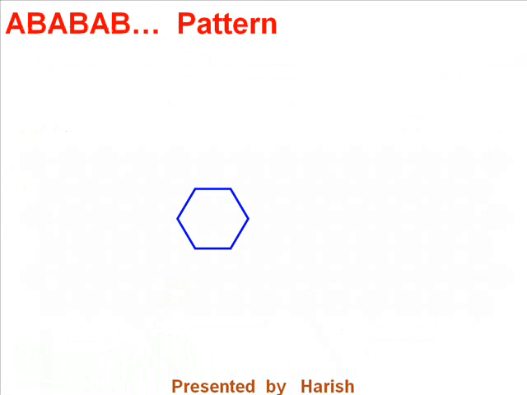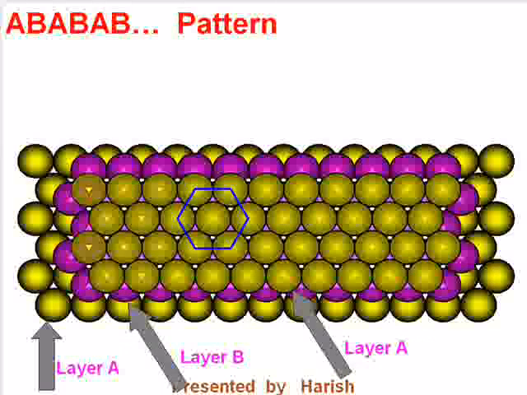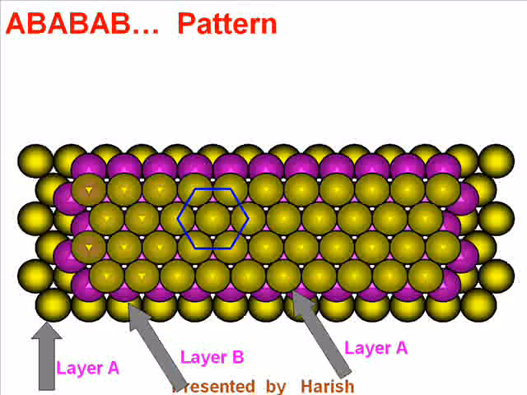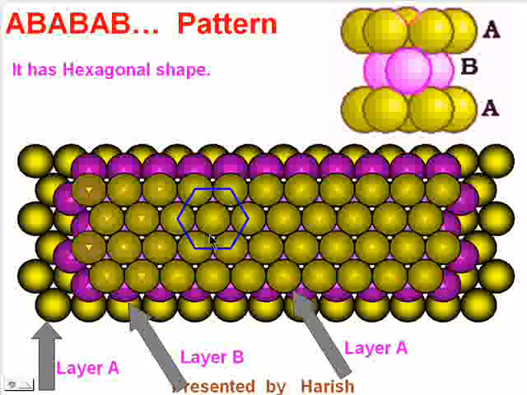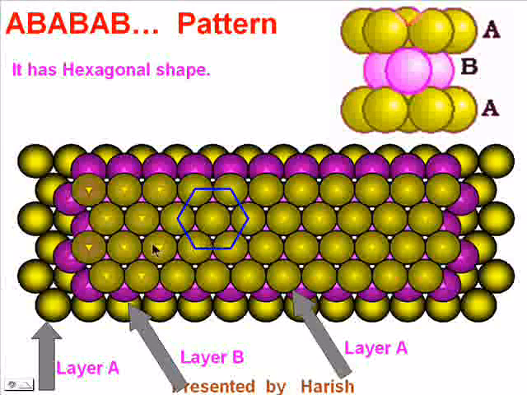So what is this AB and what is this ABC? Let's get back to this AB pattern. Look at these lines joining the centers of adjacent ones. So you have the AB type. This has a hexagonal shape. It's not easy to understand. Look at here. There is one atom, surrounded by six atoms.